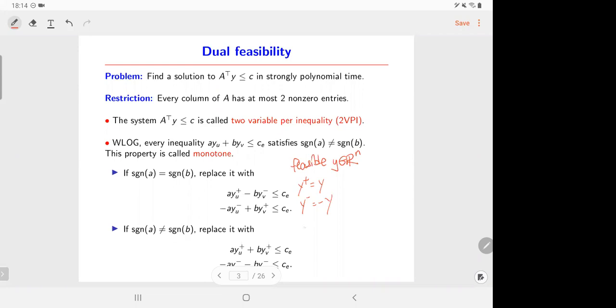Conversely, if you have a feasible solution to the new system, then you can define y as the average of the two. Then it's not hard to convince yourself that this is a feasible solution to the old system.